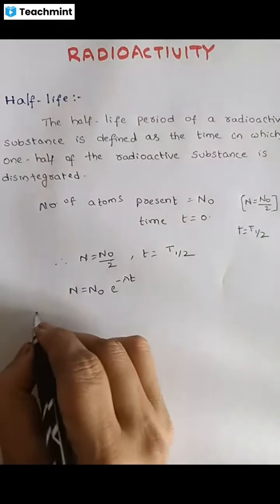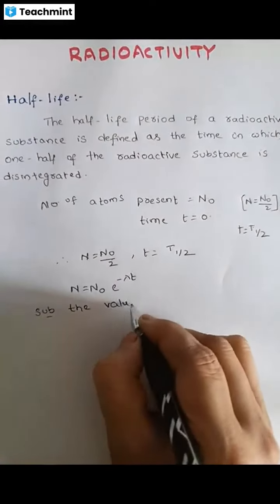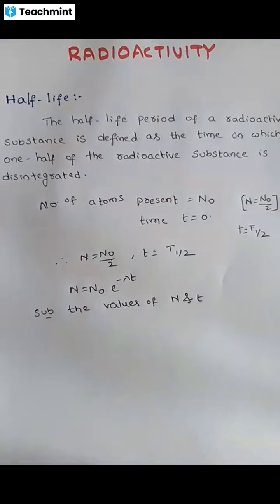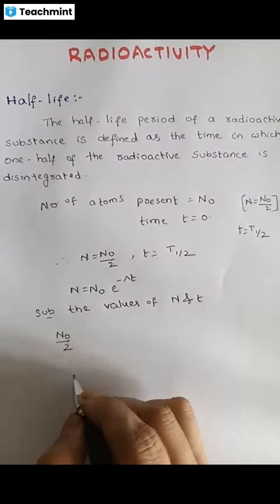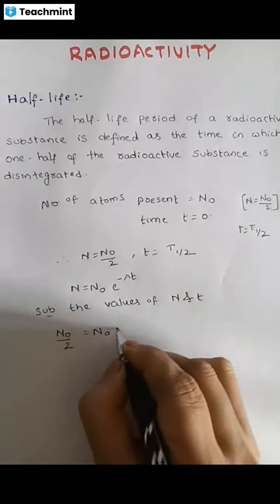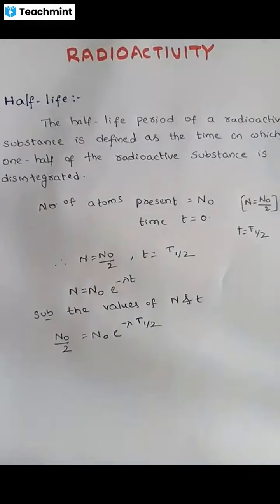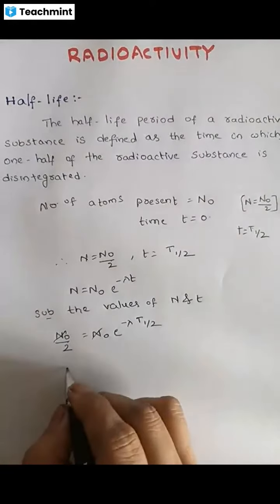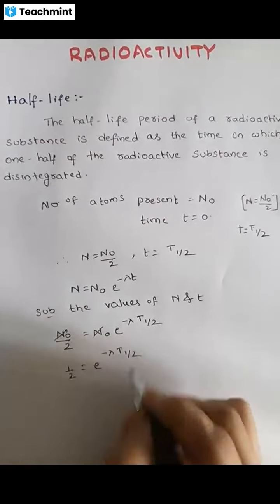Substituting the values of N and t, in the place of N we get N naught by 2, which is equal to N naught e power minus lambda t half. Now N naught gets cancelled. What we get is 1 by 2 is equal to e power minus lambda t half.